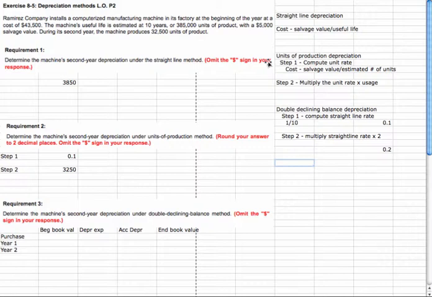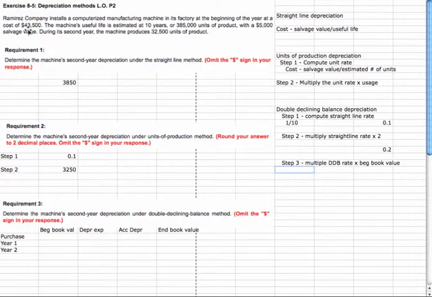So now, in order to get each year's depreciation, we want to do step 3, which is multiply the double declining balance rate times the beginning book balance or book value for the year. So let's take a look at this problem here.